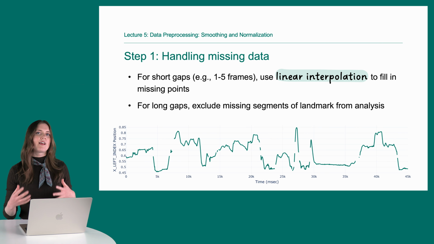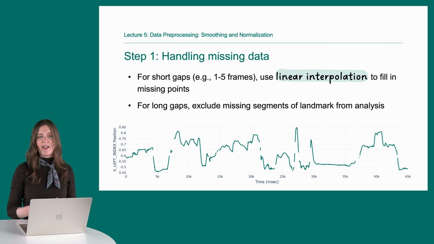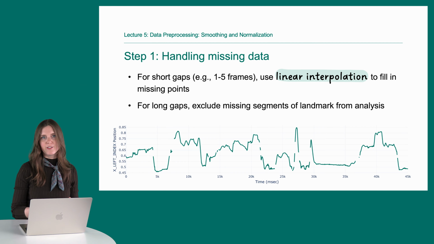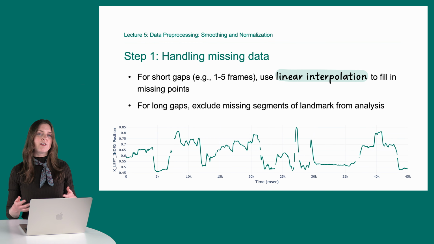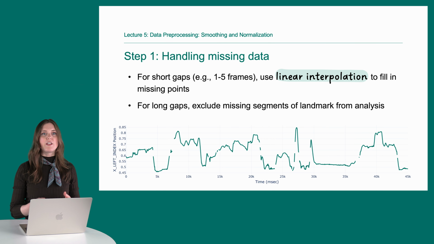So first, we need to get a sense of how much missing data we have for the landmarks we are interested in. If your video data are decent quality, you will likely only have short gaps of missing data. If that's the case, we can use linear interpolation to fill in the gaps.